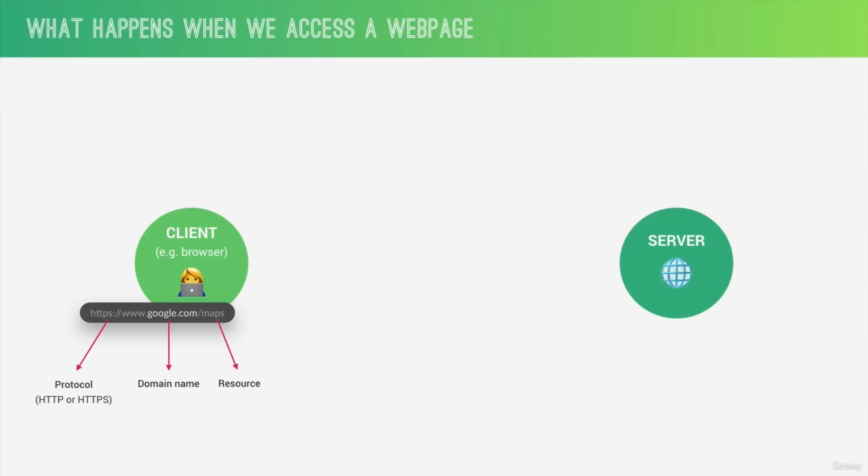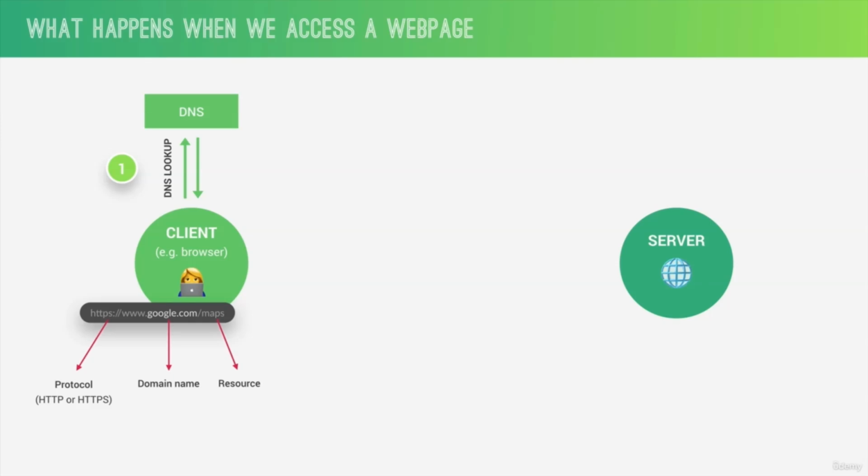Now, what you need to know here is that the domain name, like google.com, is not actually the real address of the server that we are trying to access, but just a nice name that is easy for us to memorize. So we need a way of converting the domain name to the real address of the server, and that happens through a DNS.